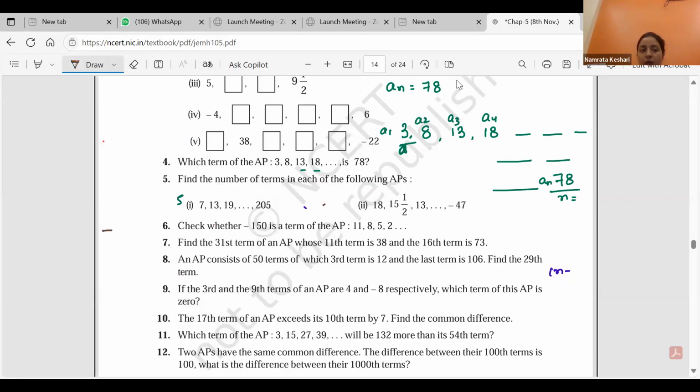First, second, third, fourth, fifth, just like that, a total of 50 terms are there in our AP. So A3 is 12, and the last term is 106, that means the 50th term is 106. Is it making sense to both of you?